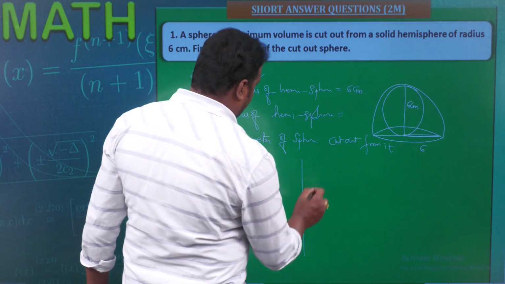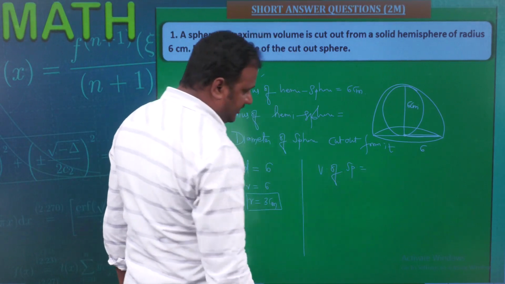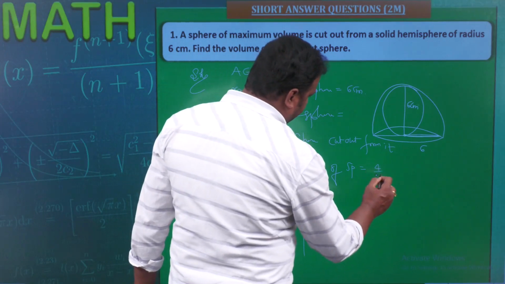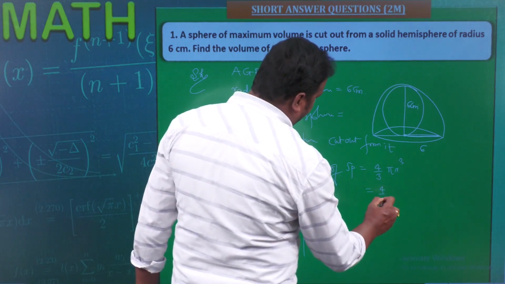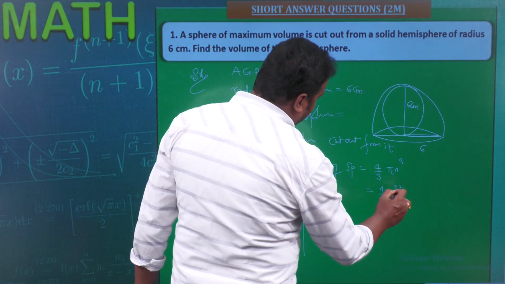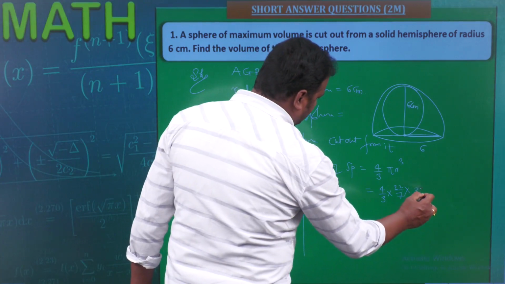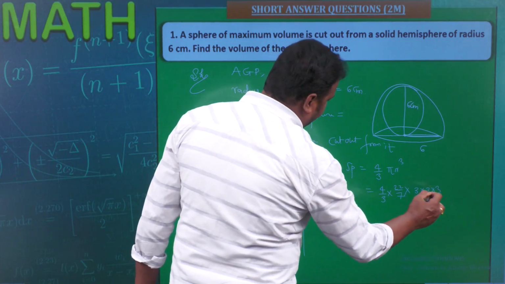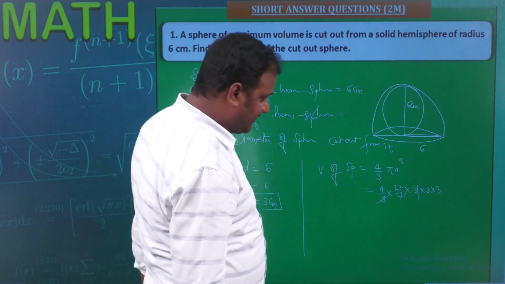So therefore, volume of sphere is equal to, what is the formula for volume of sphere? It is 4/3 pi r cube. That is 4 by 3 into pi is 22 by 7 into radius 3 cube, that is 3 into 3 into 3. 1 3 and 1 3 get cancelled. 27, 7 cannot be cancelled.